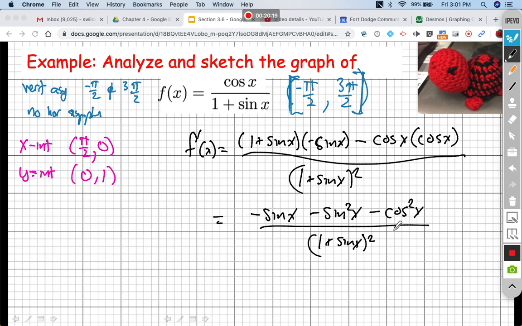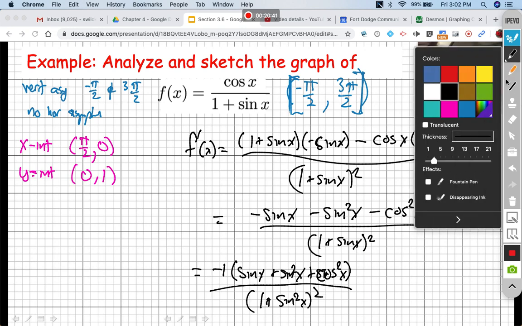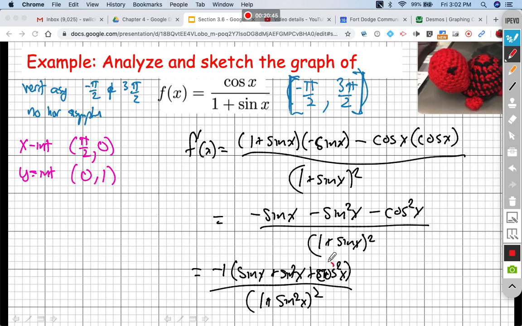But here these are all negative. So I'm going to take out a negative 1. I got a sine x plus sine squared x plus cosine squared x. And if you remember your good old Pythagorean identities, sine squared plus cosine squared equals 1.